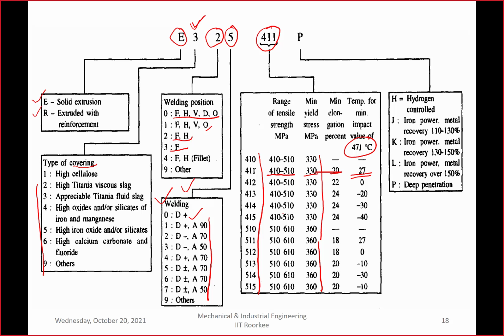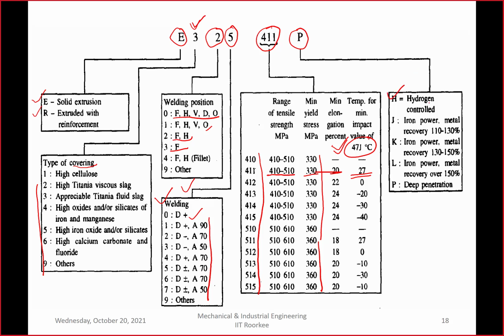Okay, so this is about the third digit, which indicates the set of 3 numbers indicating the mechanical properties in terms of tensile strength, yield strength, elongation, and the temperature corresponding to the minimum 47 joule of the toughness. The last character is a letter which indicates the special feature about the electrode.